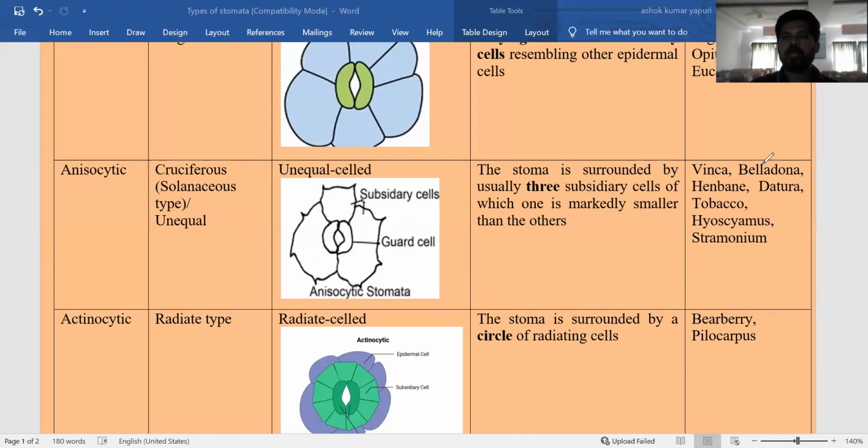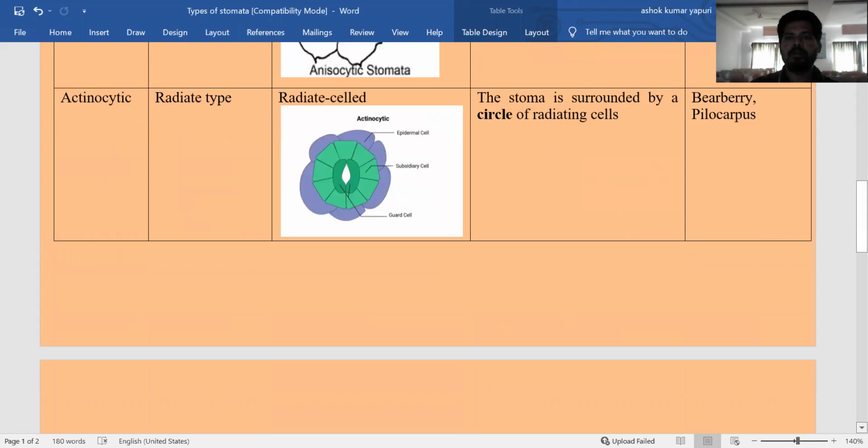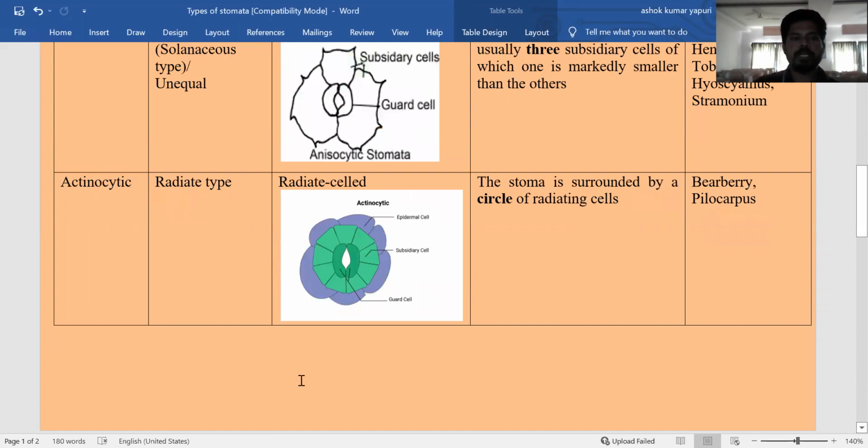Next we are moving to the next type of stomata after anisocytic: actinocytic stomata. It is also called radiate type.